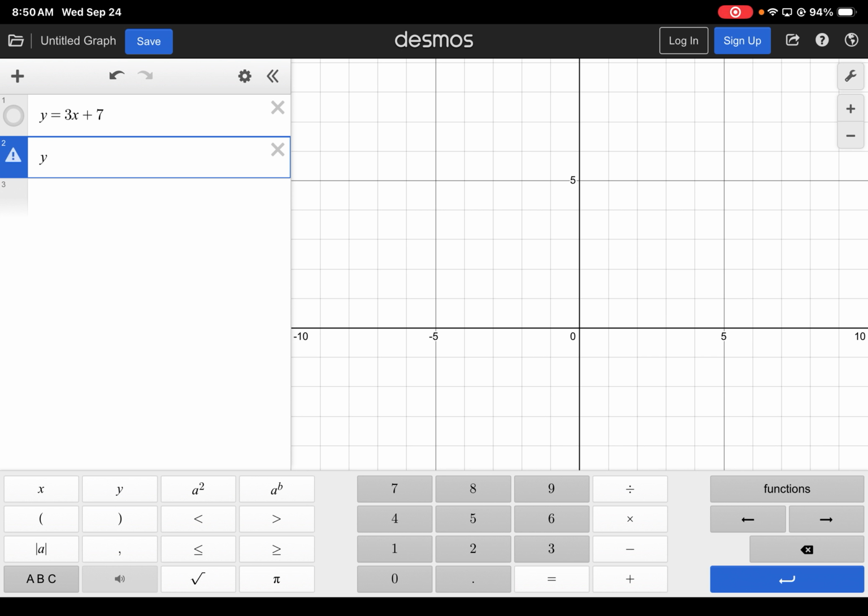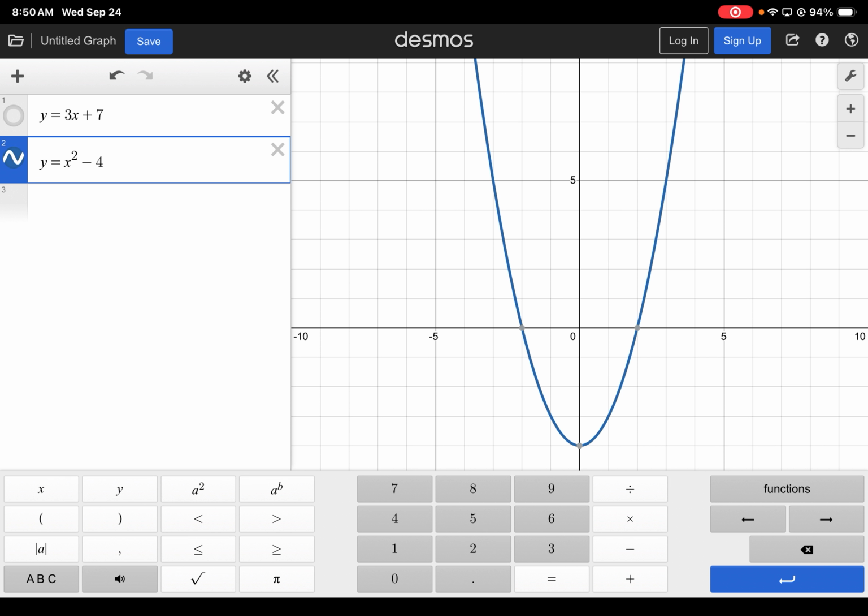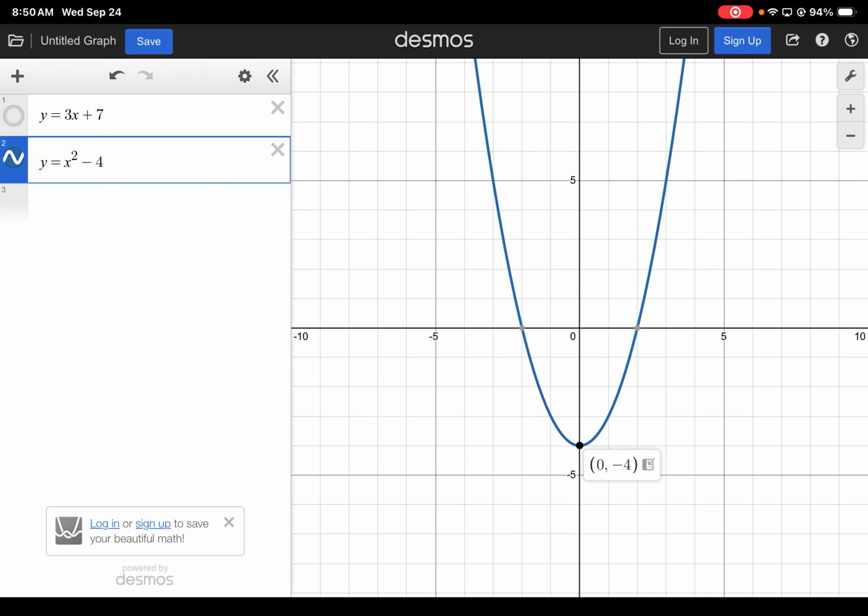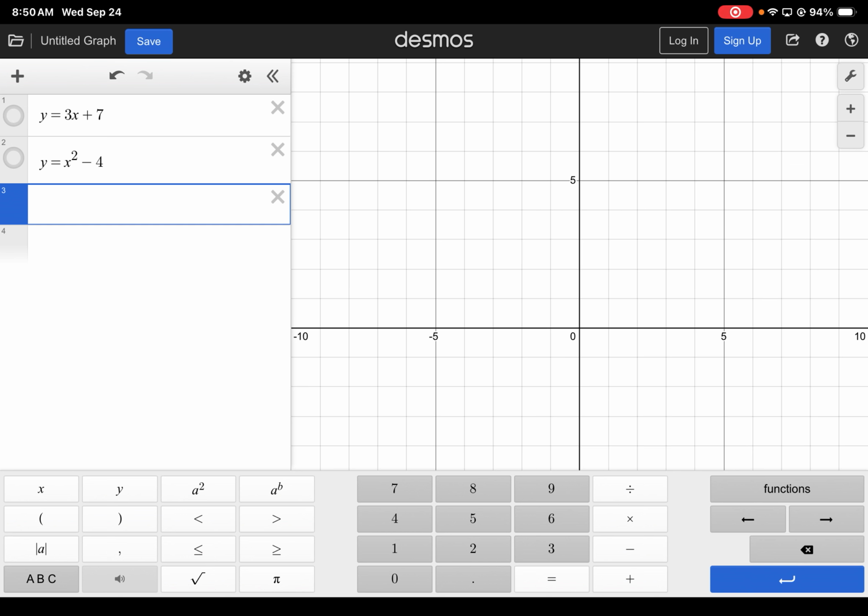y equals x squared minus 4. We said the y-intercept was negative 4. Okay. And it was. And then the last equation, y equals negative (x minus 2) squared times the quantity of x plus 3.